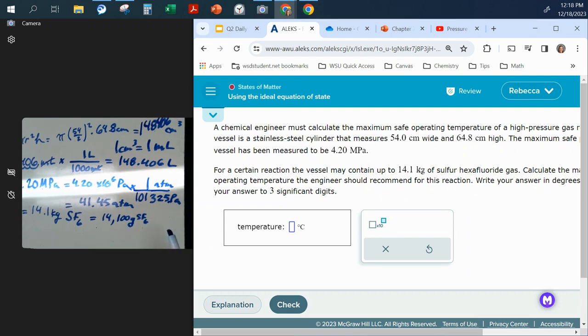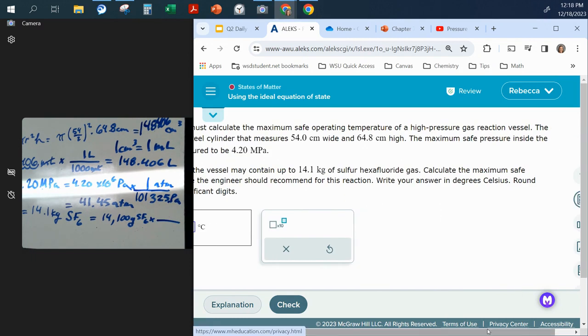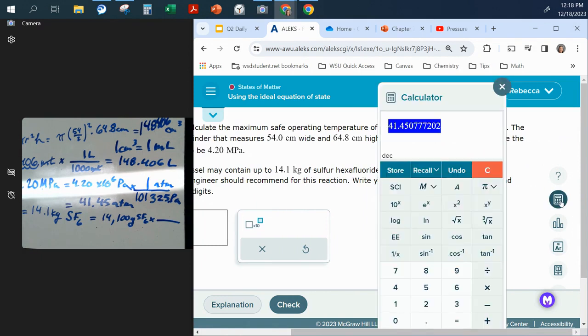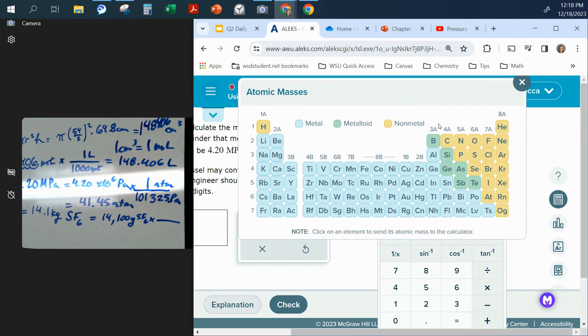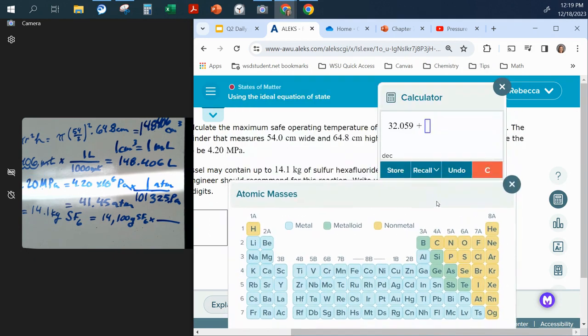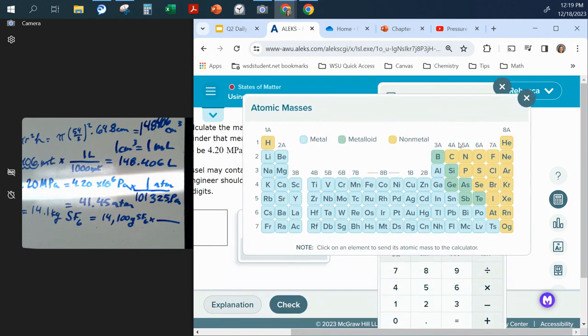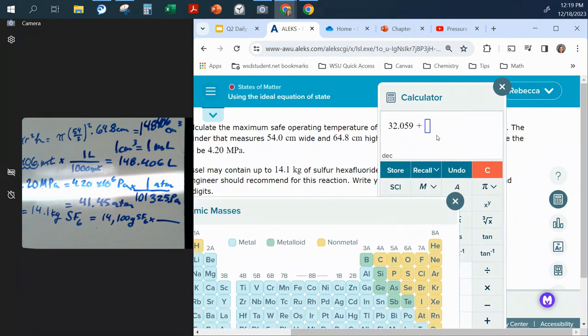I need this in moles, so I have to find the molar mass. So I'm going to go to my ALEX table. Sulfur. Is it going to let me type? Plus, yes, 6 times, oh, did I do that? Hexafluoride times, oops, I didn't do that right. Plus 6 times, there we go, fluorine.